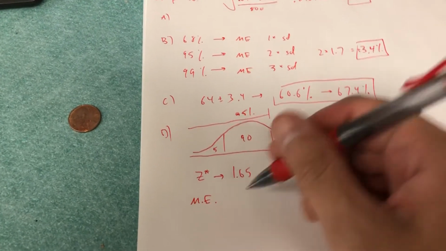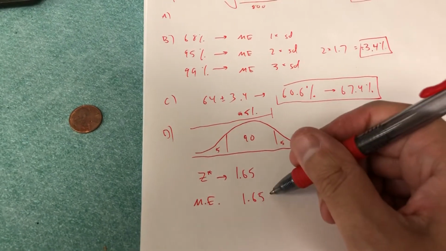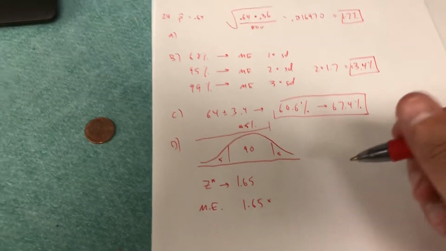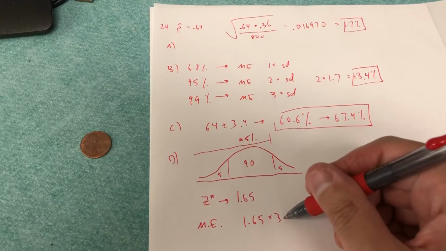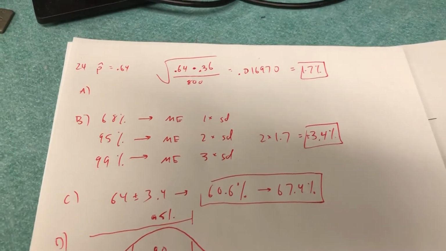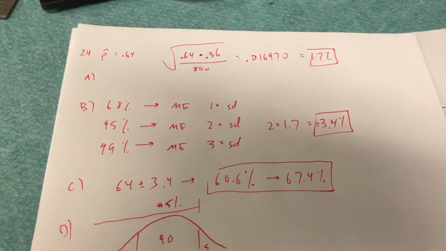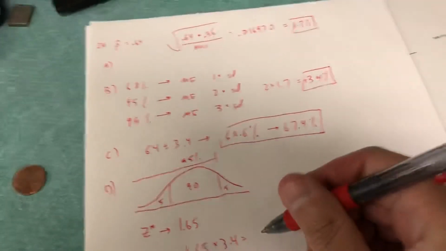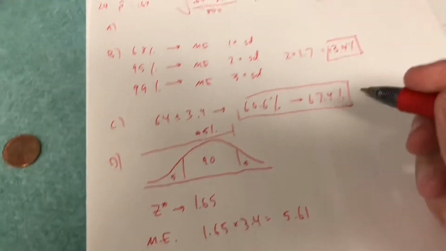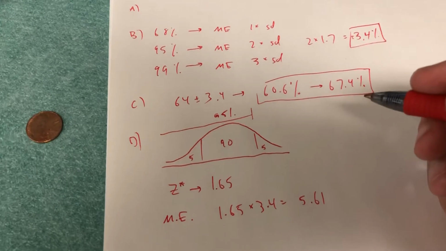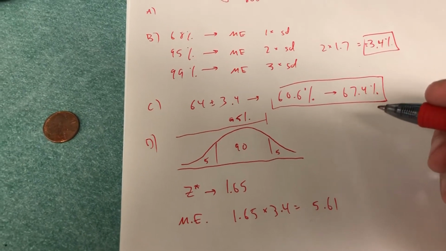So to find the margin of error, we're going to go out 1.65 standard deviations. Remember, our standard deviation here was about 3.4. So the margin of error, I take 1.65 and I multiply by 3.4, we're going to get about 5.61. And so we're going to add and subtract that to our original mean of 64%.